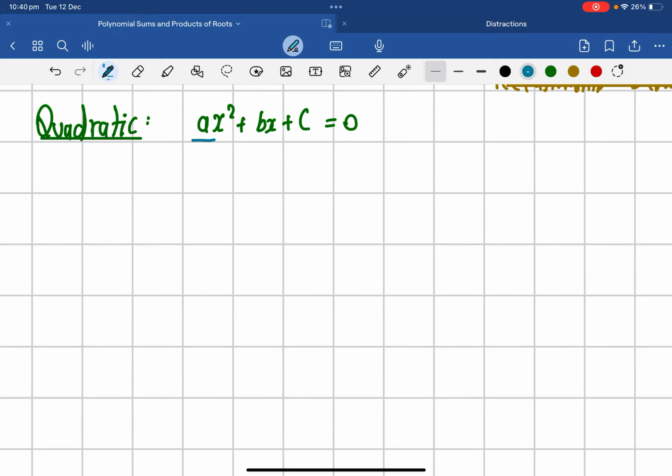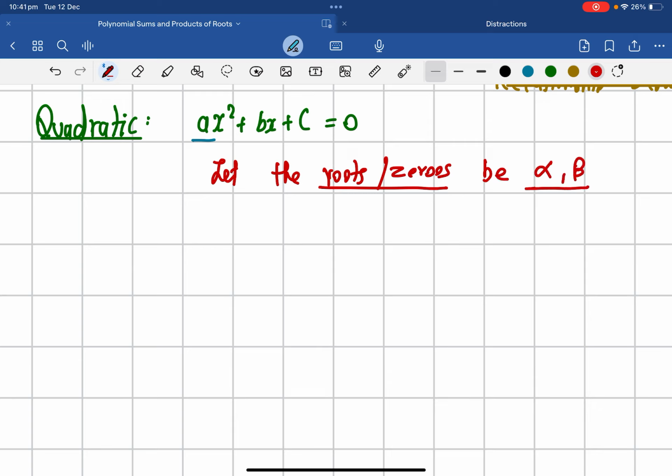Then for this, let the roots slash zeros, they're both the same thing by the way, be alpha and beta. Now why? You should always be asking yourself these questions.